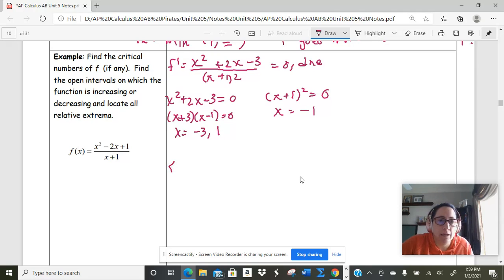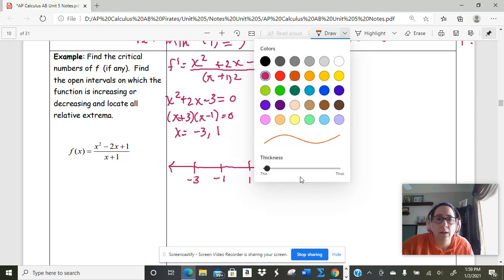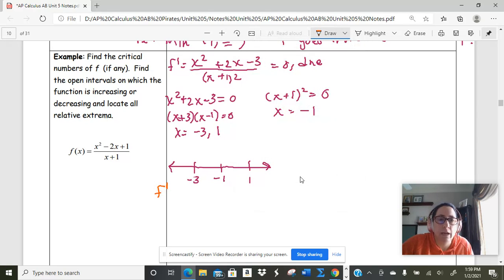So now I'm going to set up my number line. I'm going to put them in order, and then plug in values to f prime that are between these. So for instance, I would find f prime of -4, f prime of -2, f prime of 0, and f prime of 2.